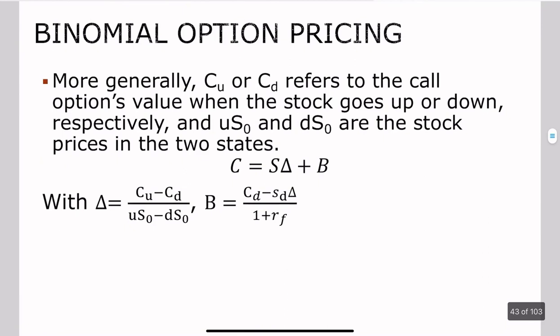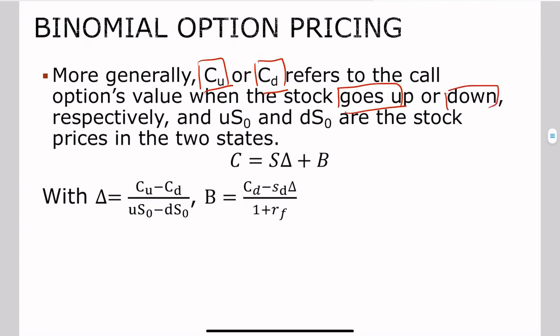so here is a general formula to calculate call price using replicating portfolios. So let's say we use CU and CD as the call option's value when the stock goes up or down. And we use US0 and DS0 as the equity price.